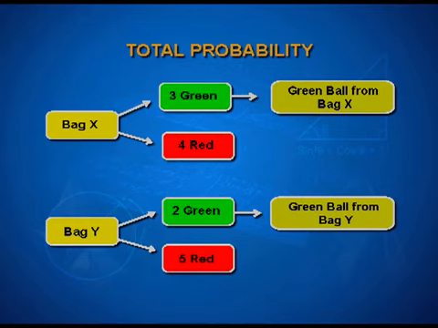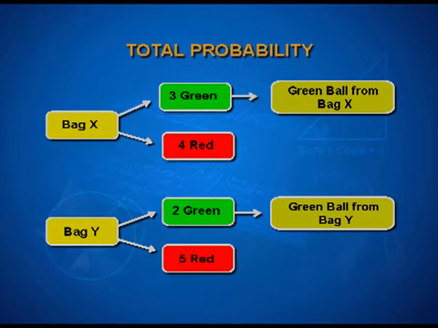So, we want to find the probability of getting a green ball from bag X or probability of green ball from bag Y, and therefore, the probability of a green ball drawn at the end of this experiment will be the sum of the two probabilities, that is the probability of green ball from bag X and the probability of green ball from bag Y.